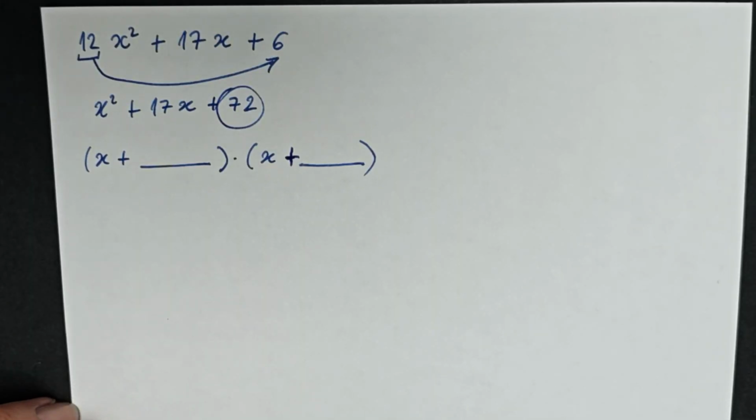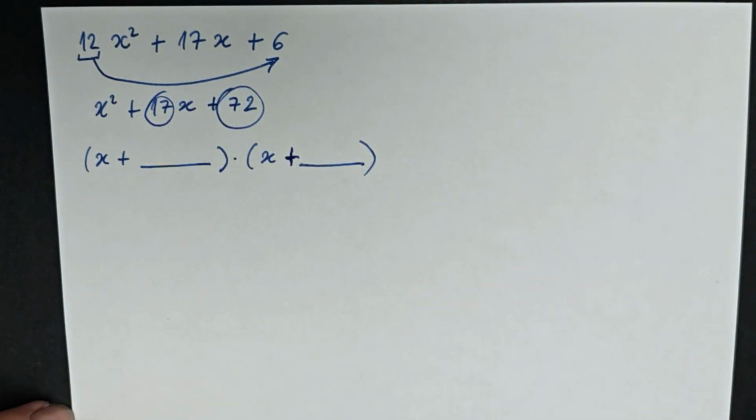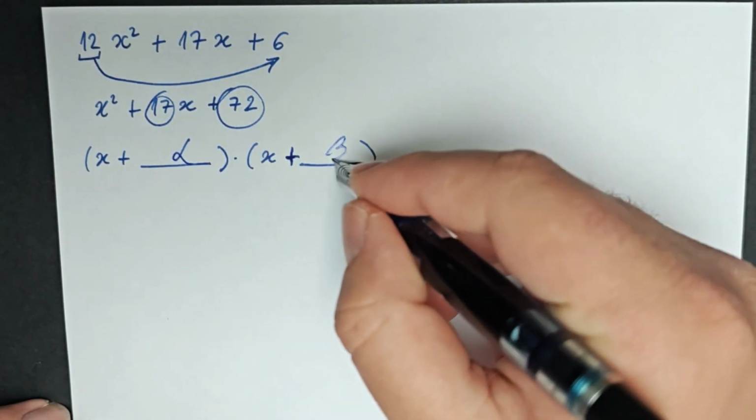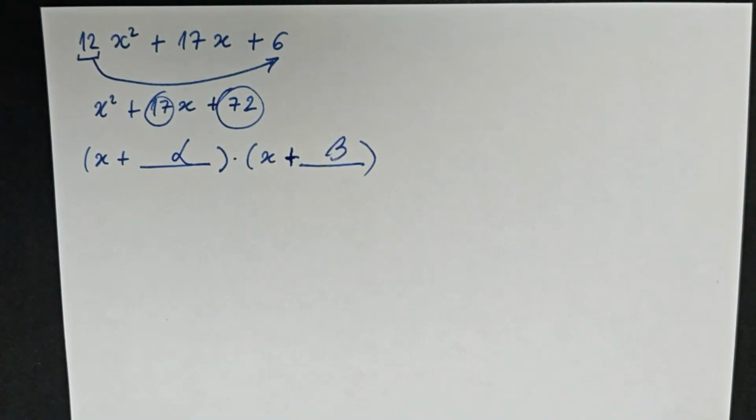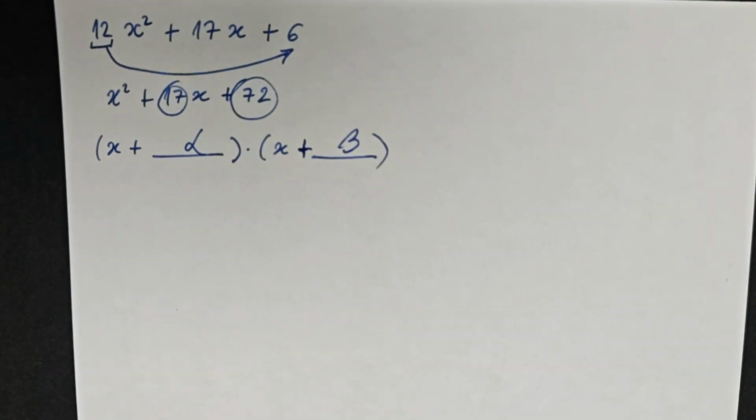The second property is that their sum needs to be 17. Let's call these two numbers alpha and beta. I am doing this just because I want to write in clear terms what I am doing here.